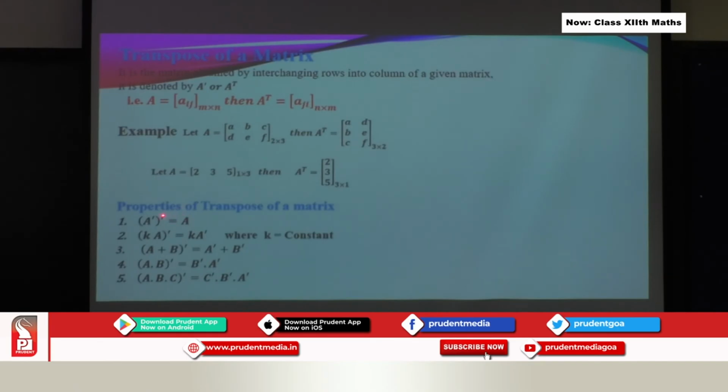Now we need to discuss some properties of the transpose of a matrix. These are very important properties that you need to study. You can see A dash, when you take the transpose of it, if you remember the set theory you learned in your 11th standard, you were saying the complement of the complement is the same set.